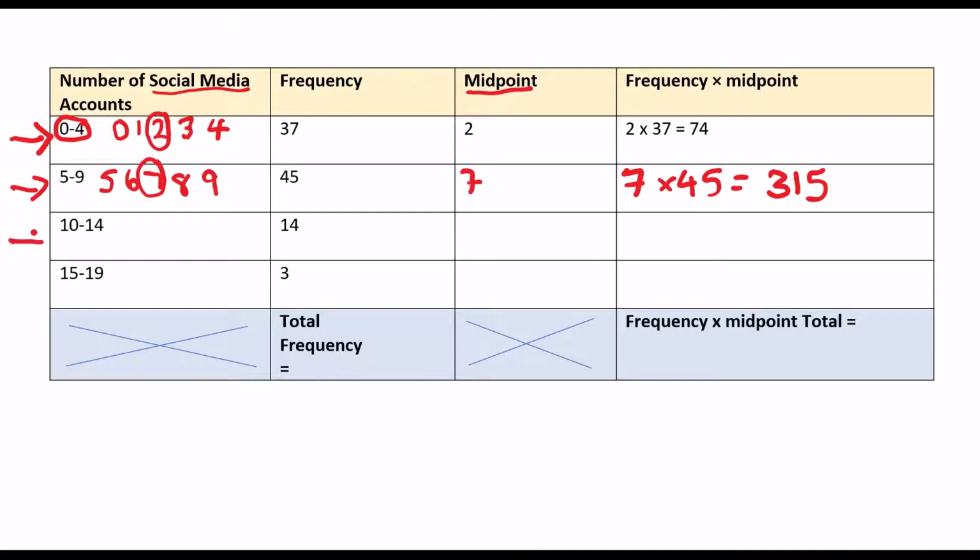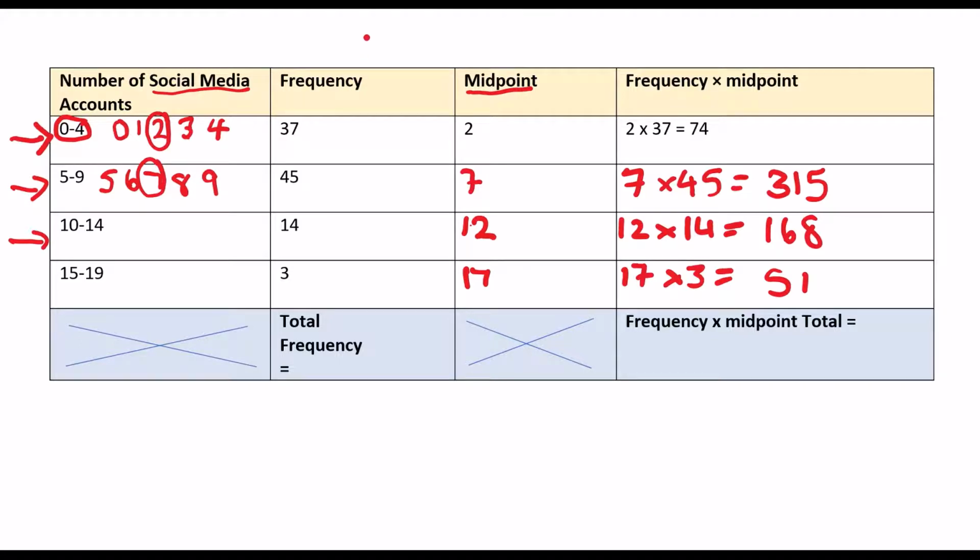And then let's keep going. The midpoint of this one would be 12. So 12 times 14 is 168. And the midpoint here is 17, and it's just 17 times 3, which equals 51.